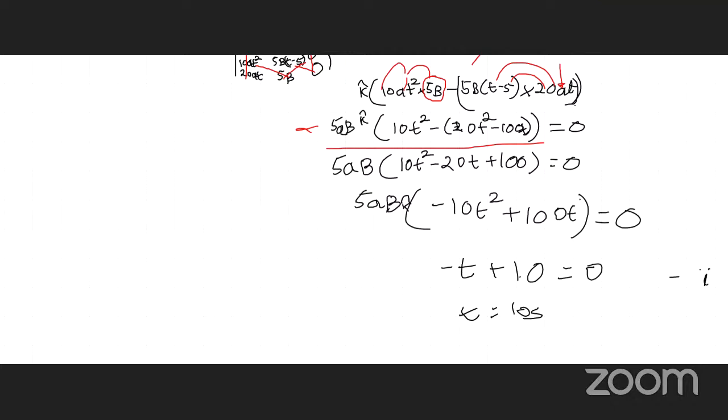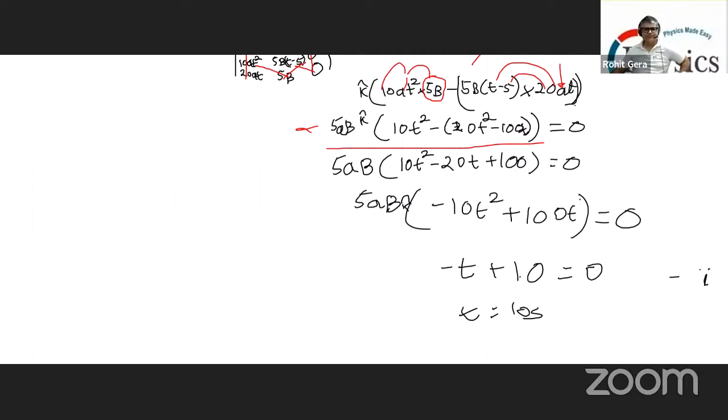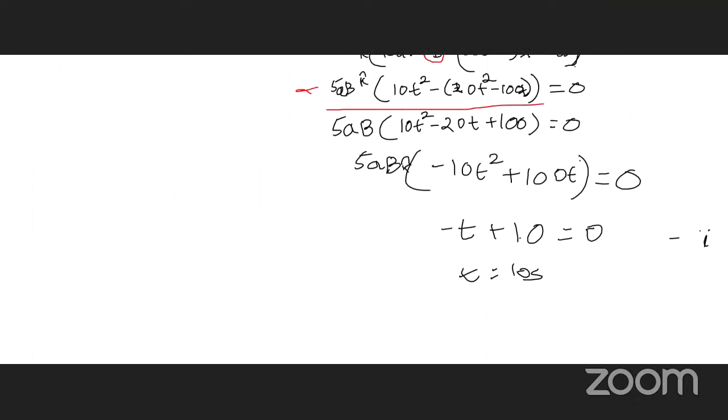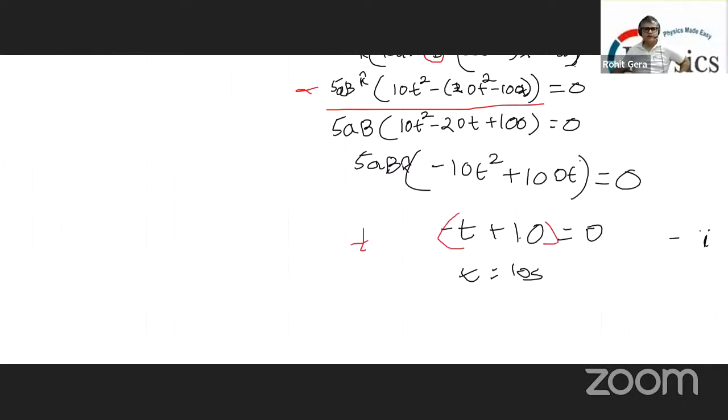What was to be done next? Put it equal to 0. A t common also came in this. So we put t equal to 0 and the same angular momentum will come at t equal to 10.